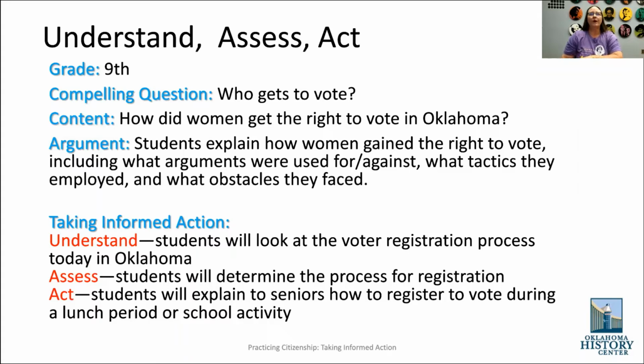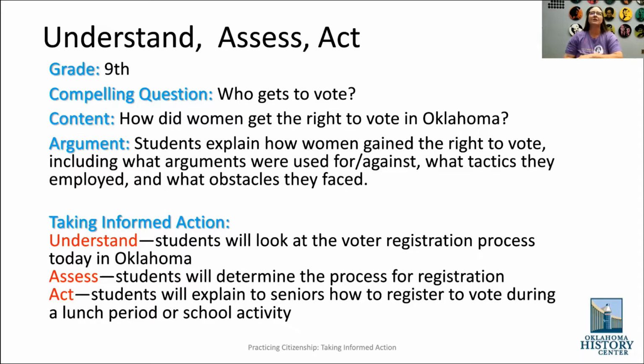I thought it was important to just give an example, so that maybe a concrete example allows people to understand this concept of taking informed action and how it connects with an IDM a little bit better. So here is one that you might be able to implement if you teach Oklahoma history. That's usually 9th grade.